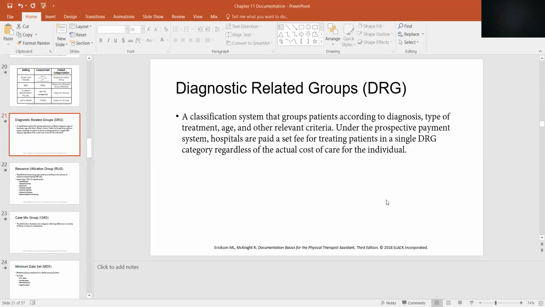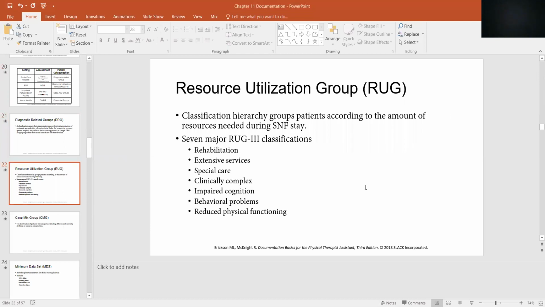So like I said, based on that DRG, they're given this pot of money, and the longer that they stay in the hospital, the more that pot of money is going to get eaten away at, and they're not going to be able to make money or stay in business if they're a not-for-profit. So very interesting and complicated way of getting paid.